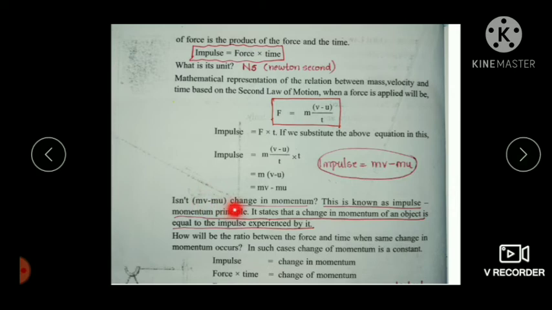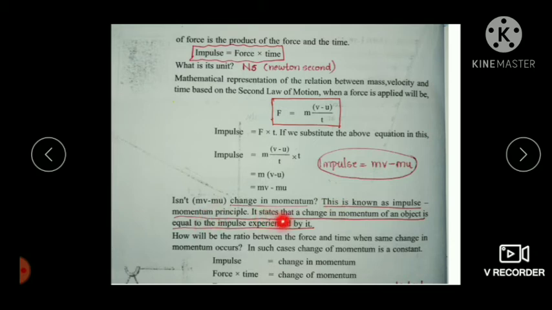So mv minus mu is change in momentum. This is known as impulse momentum principle. So mv minus mu, that is change in momentum, is equal to impulse. Hence it is called impulse momentum principle.